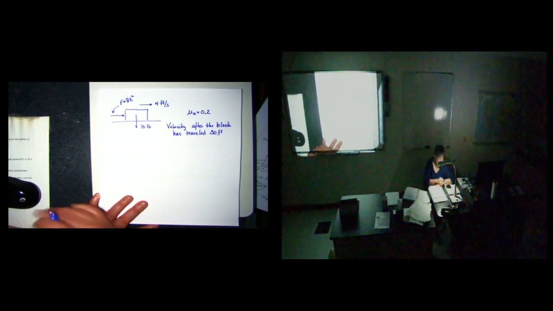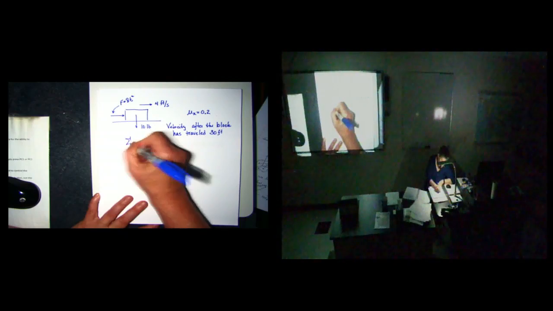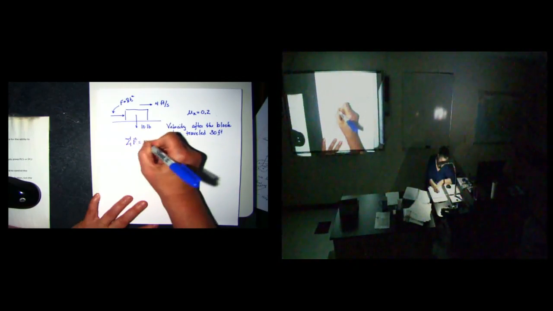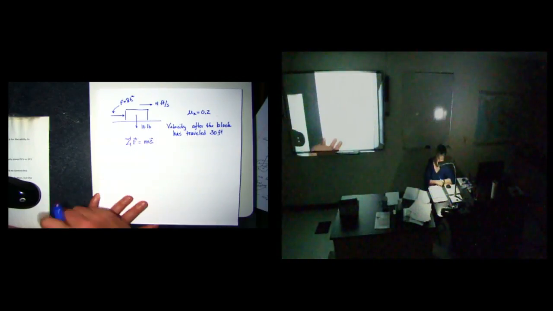I'm going from 4 feet per second to a final velocity, and from 0 to 18. So I get V final minus 4 feet per second is equal to 8t squared dt.